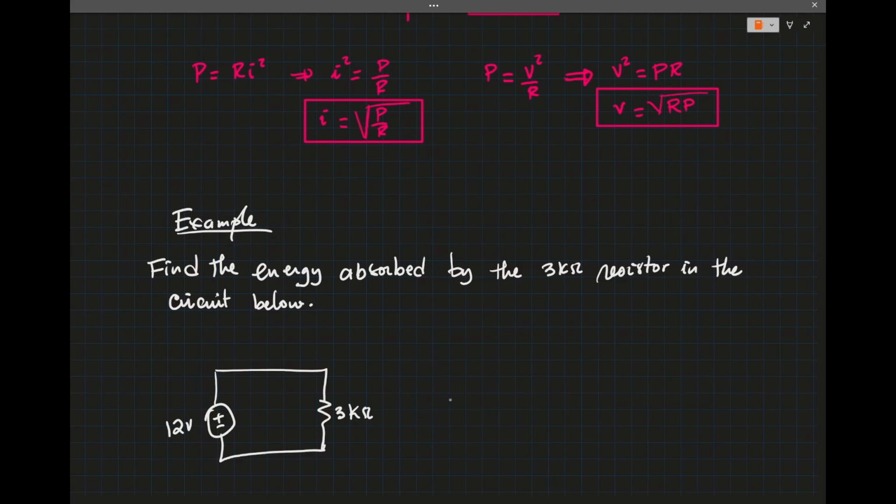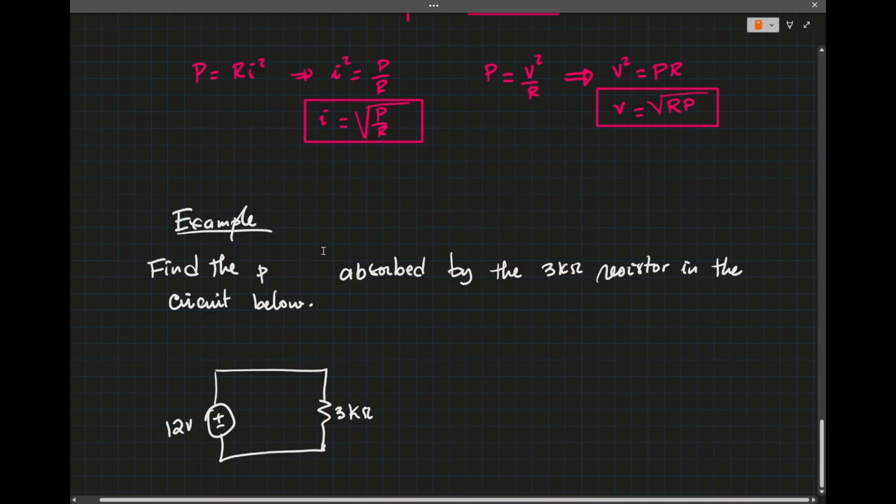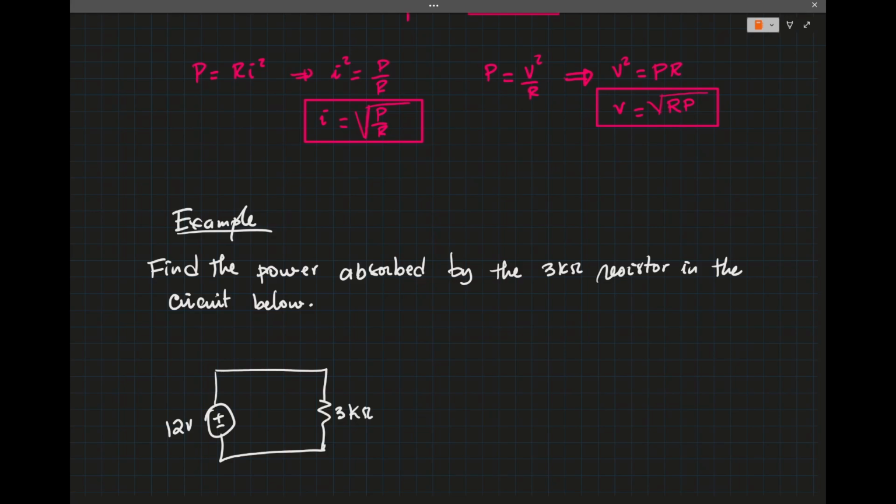Let me just put power here, the underlying energy absorbed. So we can find the power, right?